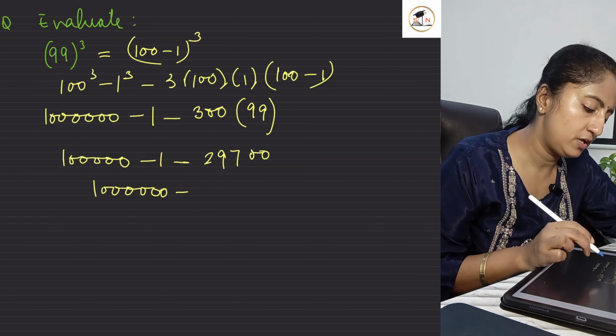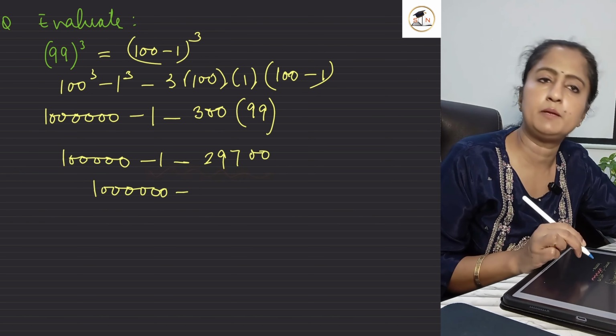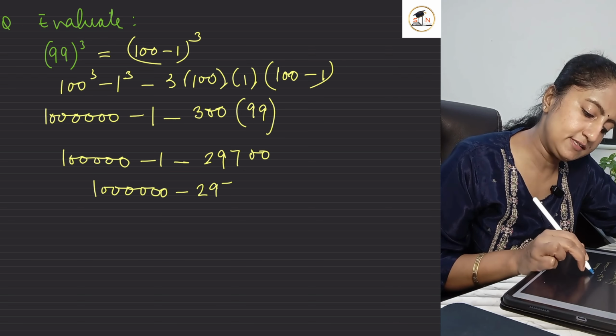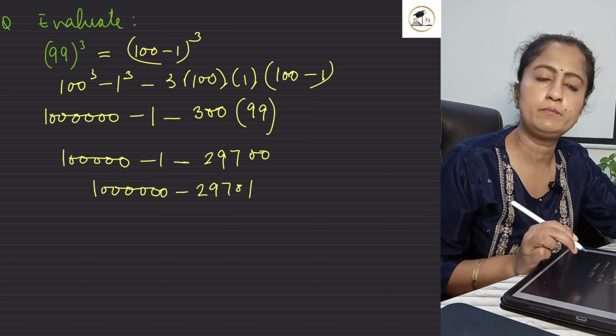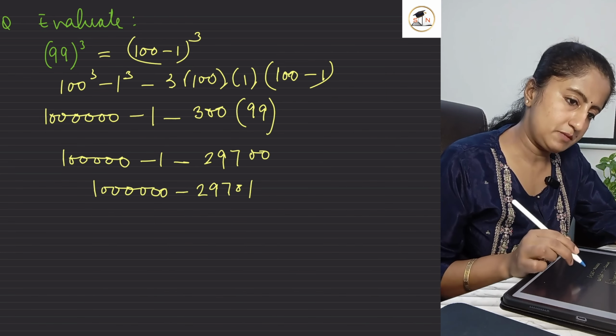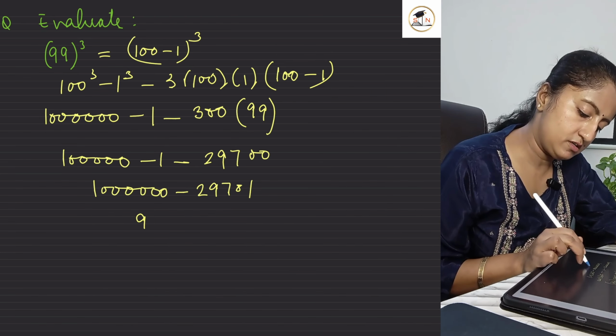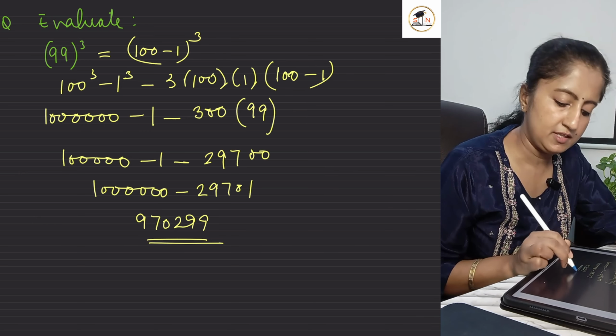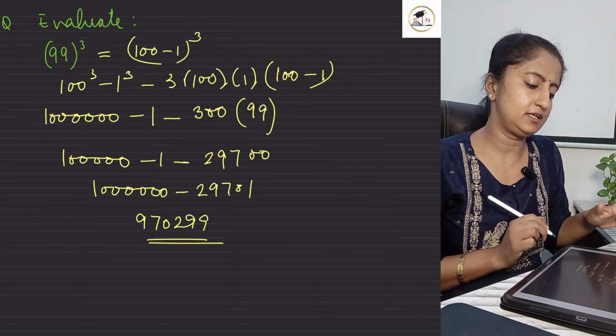What I'm going to do, I'm going to add them. It's a negative addition, right? So that gives me 29701, right? Now we need to subtract this. And upon subtraction, we have 970299. This is your final answer.